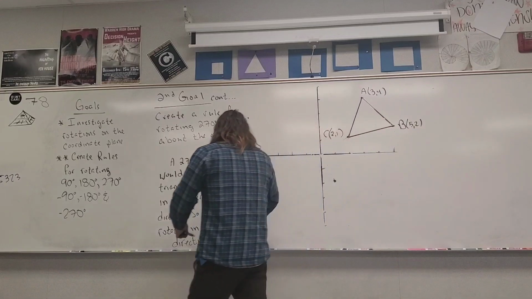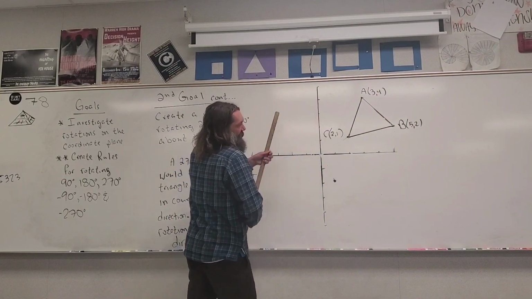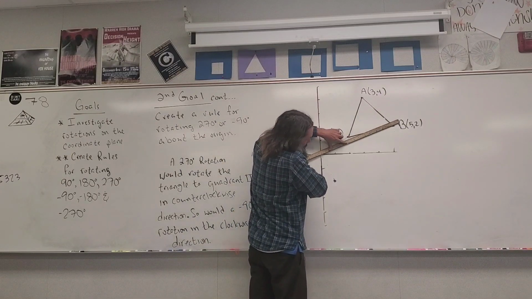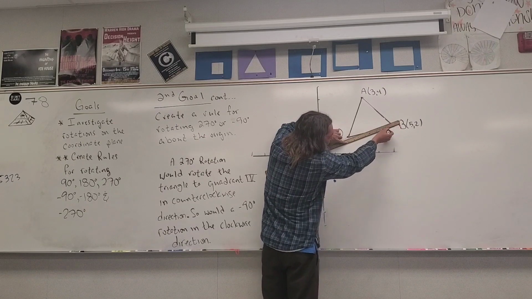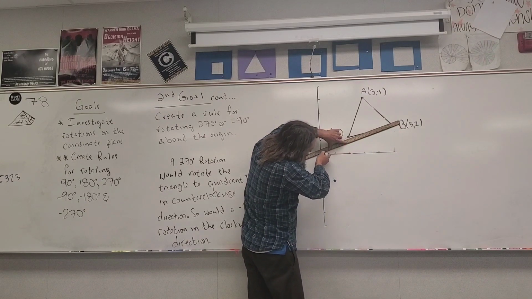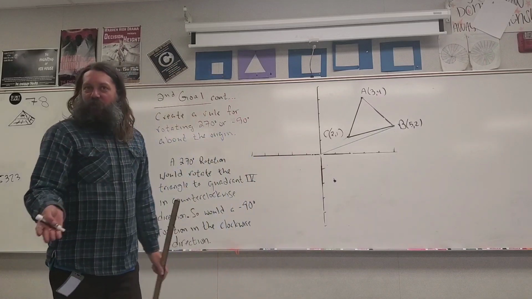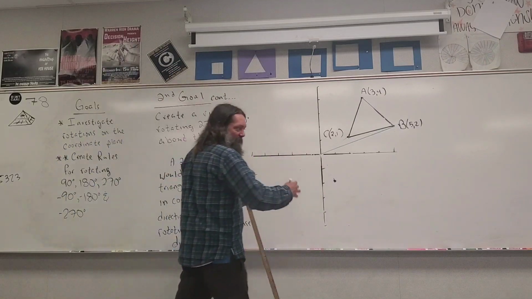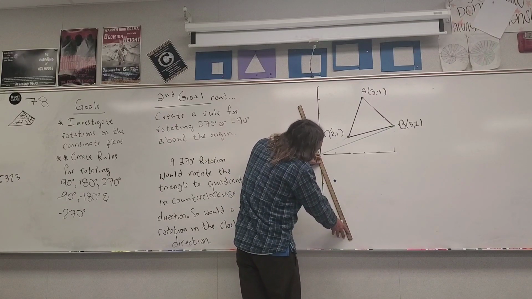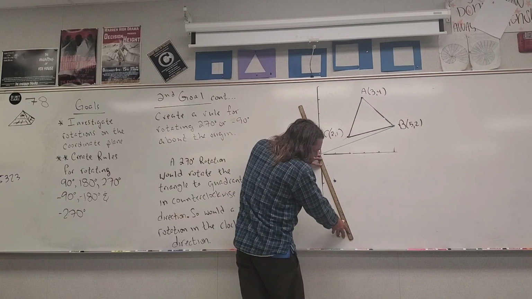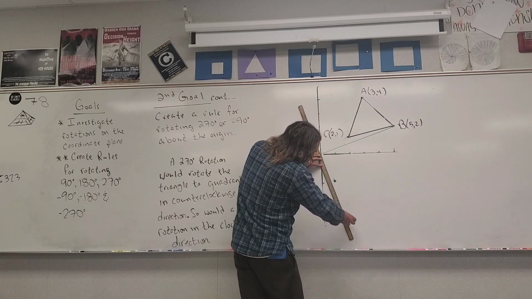Okay, let's do B. Now let's find out where B goes to with a -90 degree rotation. So draw a line to my origin. Now you guys are not going to have to draw lines and do this. I'm doing this so we can see how the formula is created. I like to know why things work. If I know why things work, it tends to make it easier for me to work with.